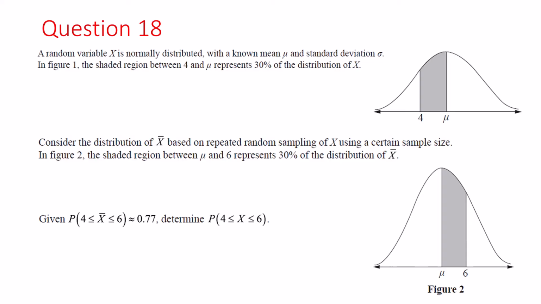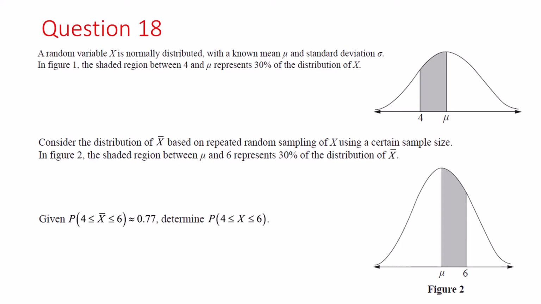And as a decimal, that's negative 0.8416, etc. From the second diagram, we can form a second equation, and that second equation is (6 - mu) on sigma on root n is equal to the inverse normal of 0.8, which as a decimal is 0.8416, etc.